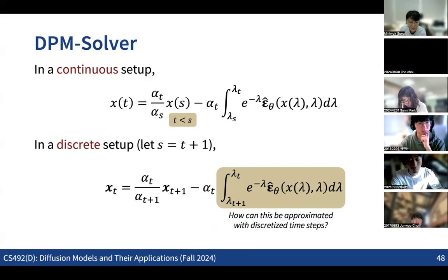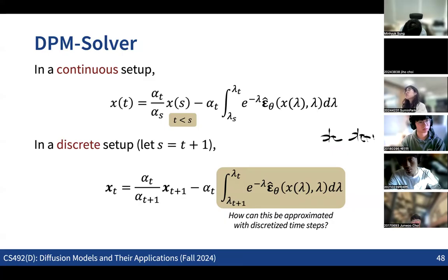Since it looks simpler now, we can try to solve this by discretization. So let's get back to discrete space from the continuous space, with a discretization of the time domain, in a way that we have xt, xt plus 1, and so on up to x capital T, right? This is basically what we did in the DDPM denoising process.